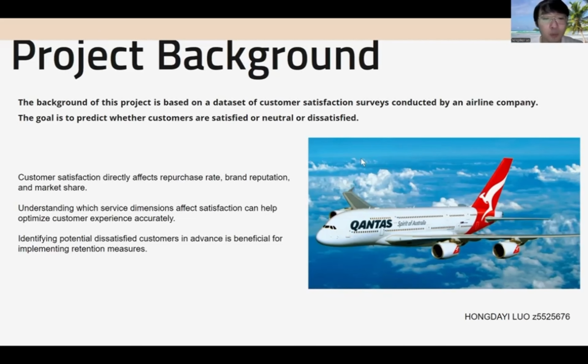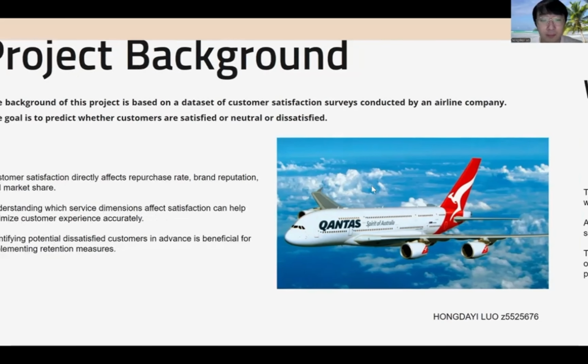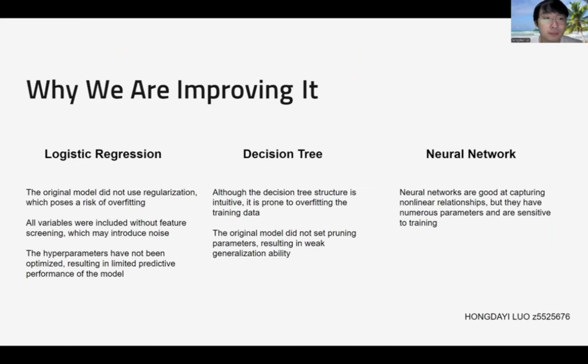This project is one of the business analysis tasks supported by our analysis team. We took over the initial model code left by our former colleague and optimized it, to enhance the model's effectiveness and business interpretation ability. So why are we improving it?